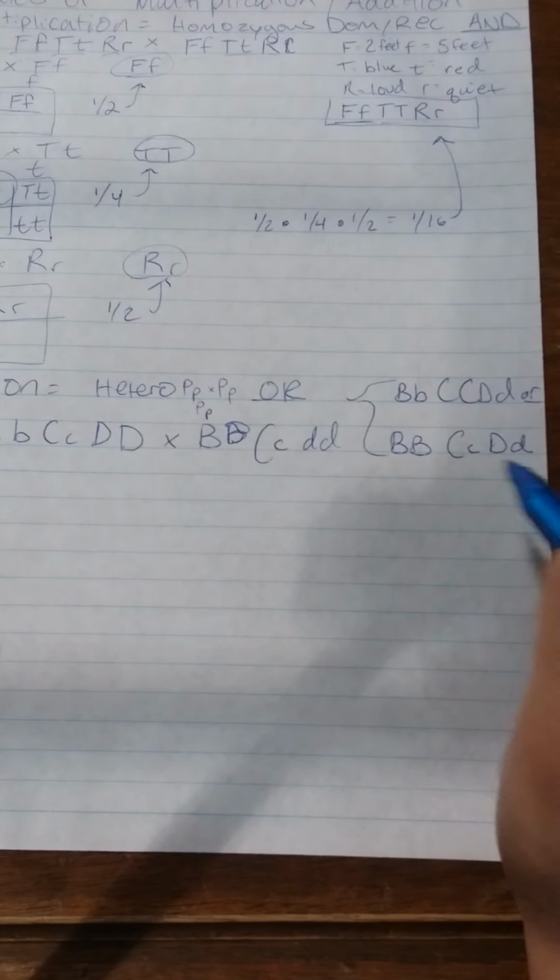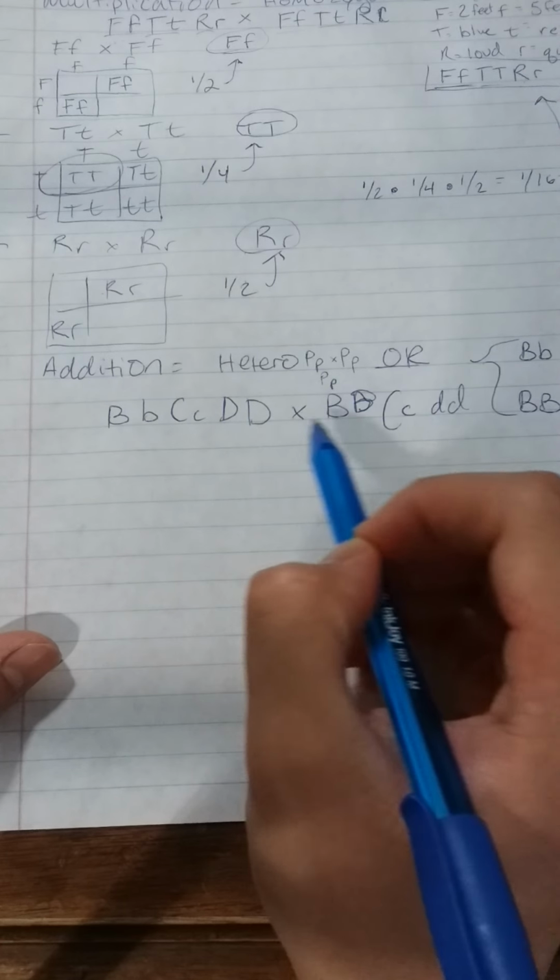These are the offspring we're looking for the chances of, and this is the cross that we're going to do.